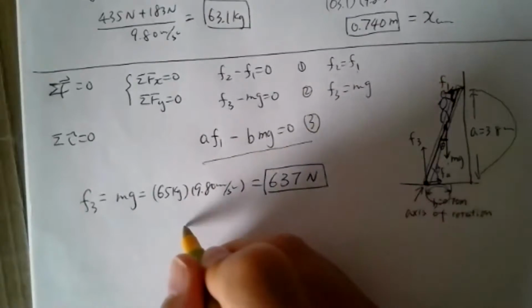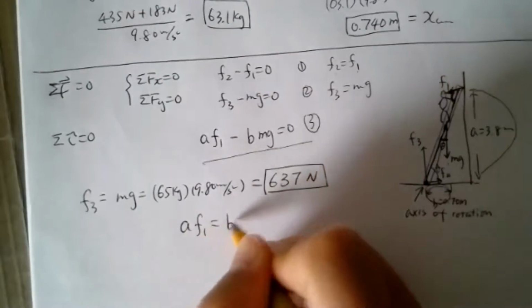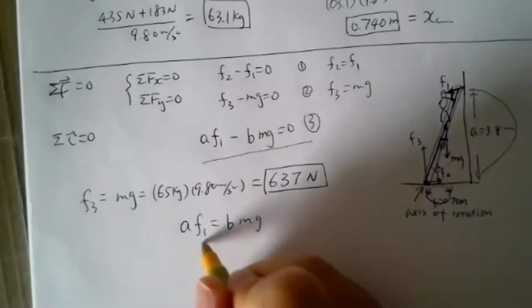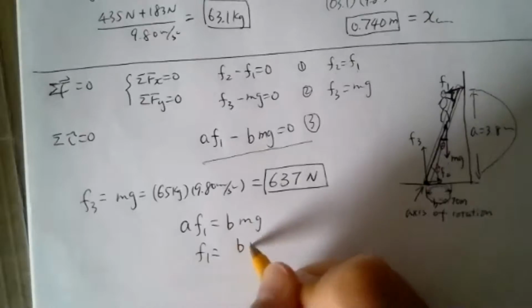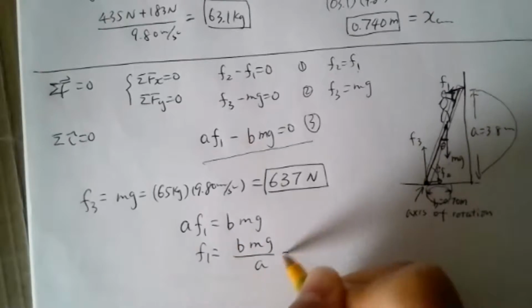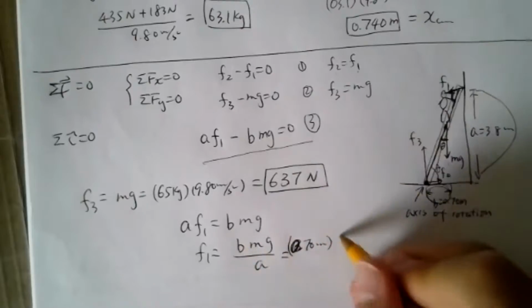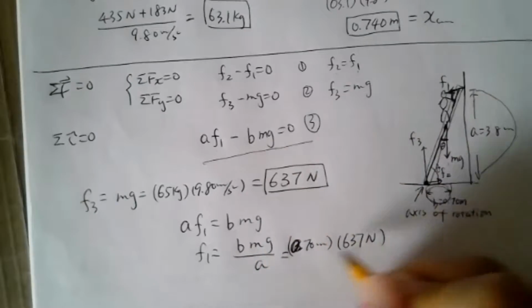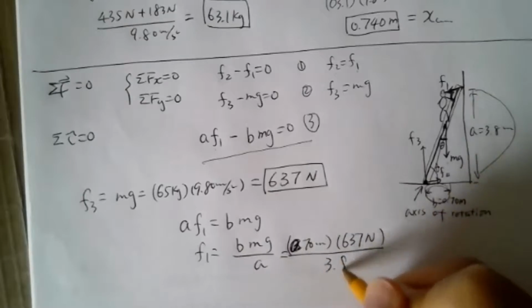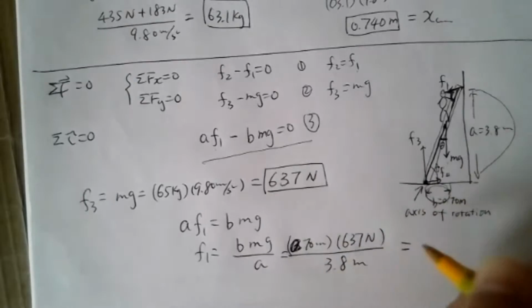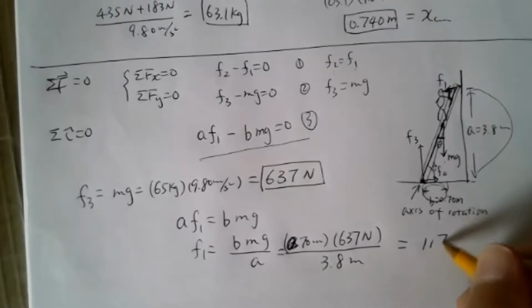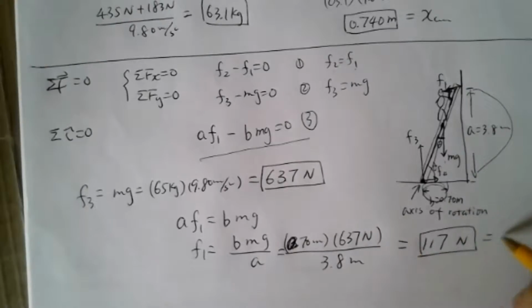From here, A F1 is equal to B times mg, so F1 equals B mg over A, which is 0.70 meters times 637 newtons divided by 3.8 meters. That gives you roughly 117 newtons. So this is F1 and also F2.